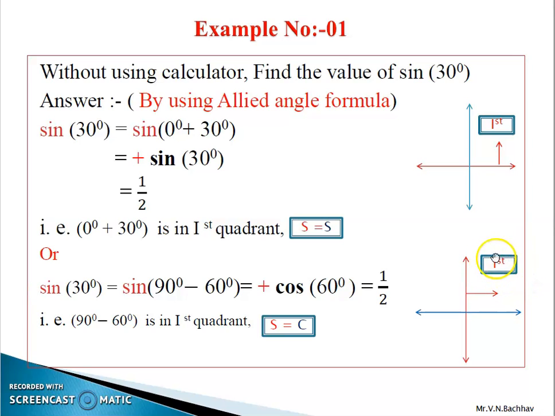In first quadrant, all trigonometric ratios are positive. Hence, sine is positive and sine is replaced by cos. So plus cos 60 degree. The value of cos 60 degree is equal to 1 by 2. Then let us see example number 2.